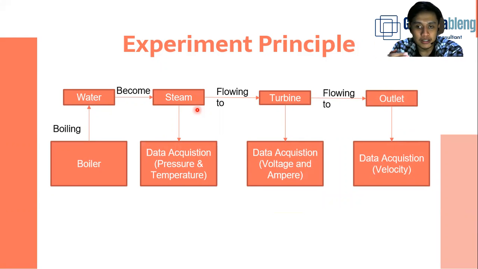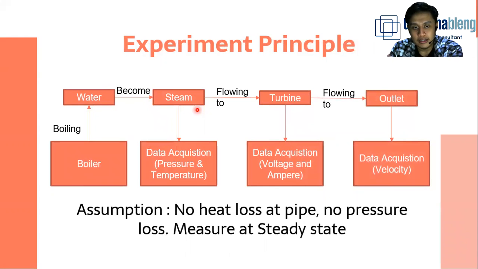We will measure the voltage and the ampere, the current, and then it will flow to the outlet, and we'll find the velocity for the mass rate. There's an assumption that there is no heat loss at the pipe, no pressure loss, and it is steady state.